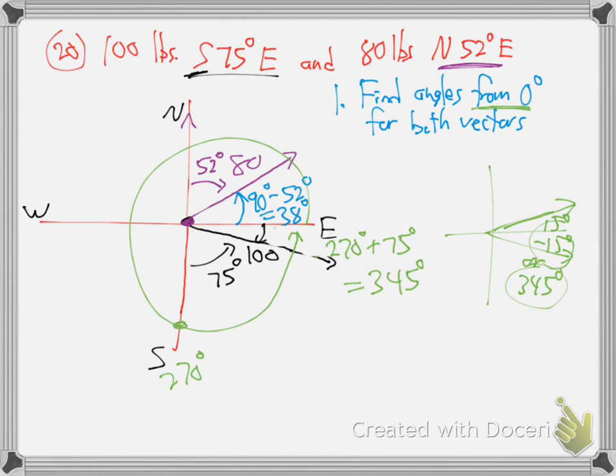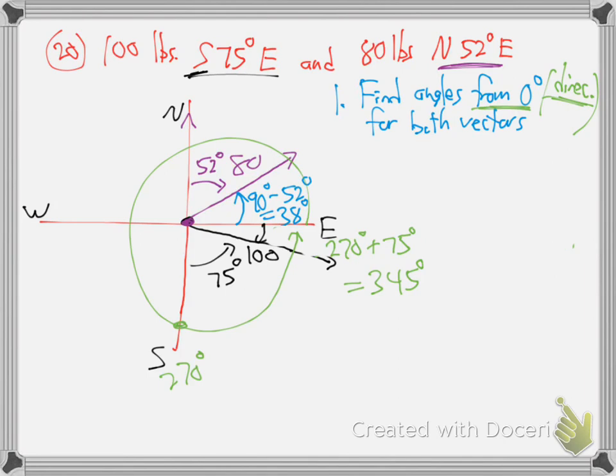Is this making sense? There is a big difference between positive 15 and negative 15 in which direction, right? So we're getting the actual direction vector. From 0, it's negative 15 or 345. I'm just going to go with the 345. So find out the actual direction vectors and then use those.